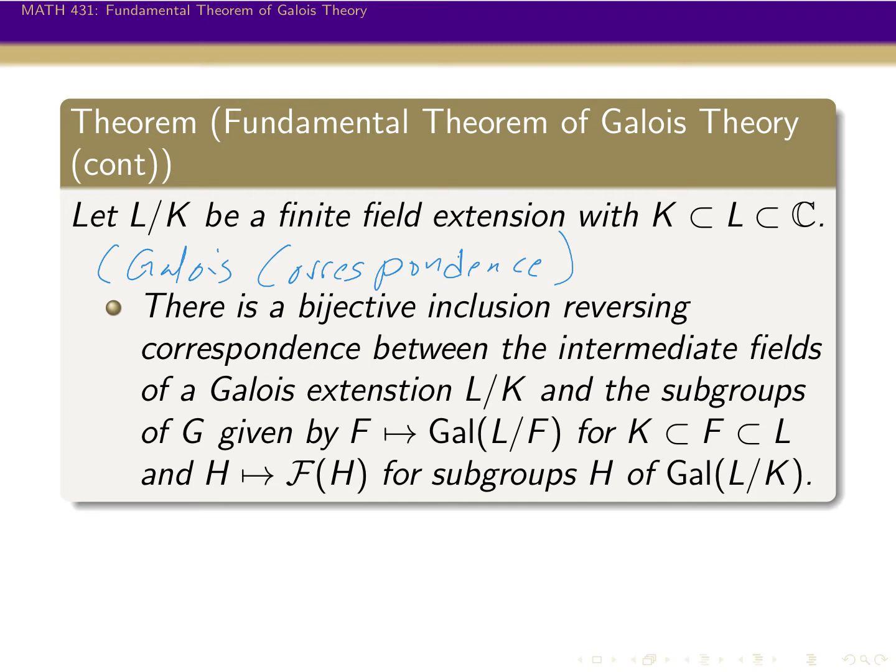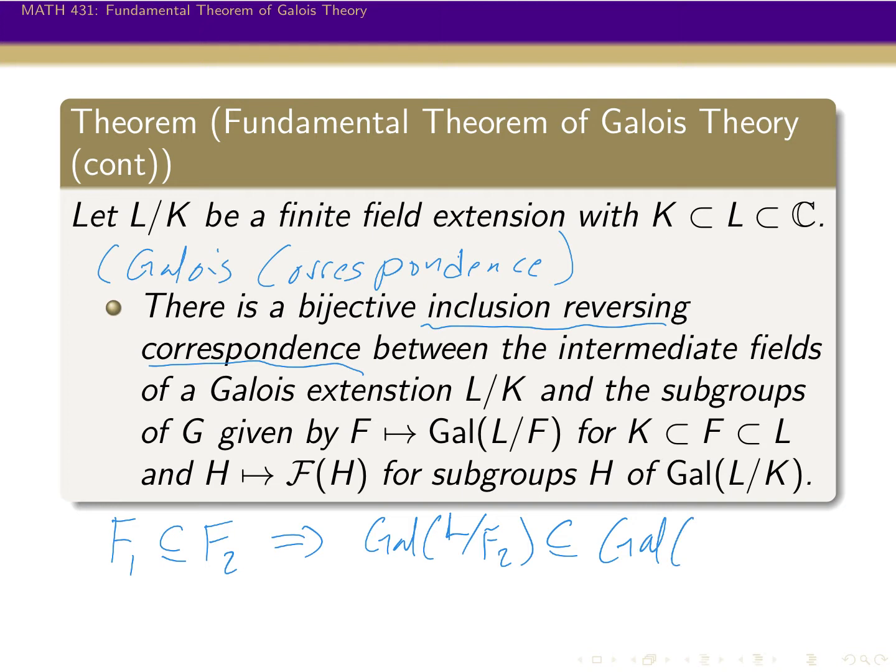The inclusion reversing, we've actually already proven that part. And so the inclusion reversing basically just says that if F1 is a subfield of F2, then that means that the Galois group of L over F2 is a subgroup of the Galois group of L over F1.